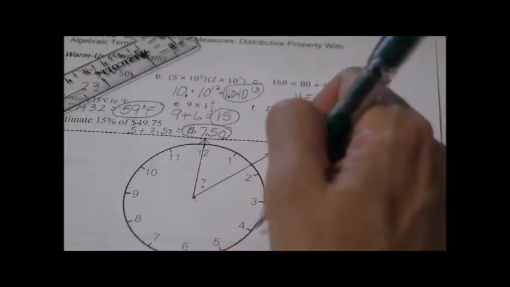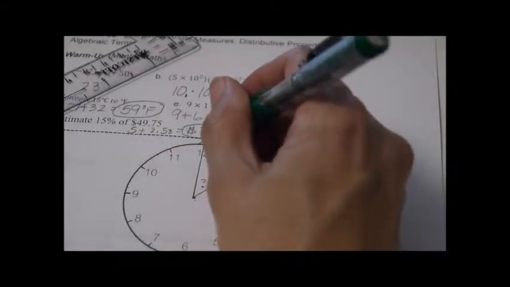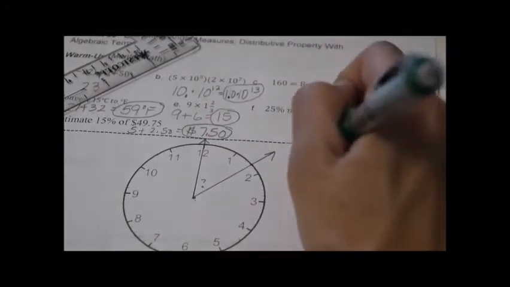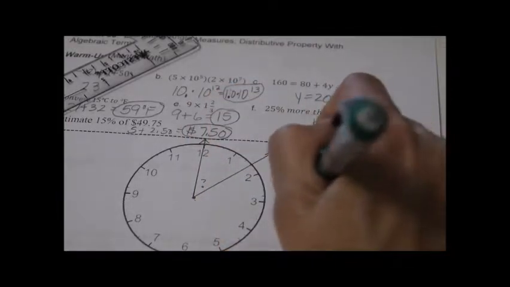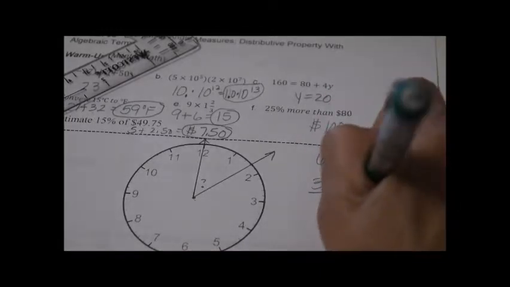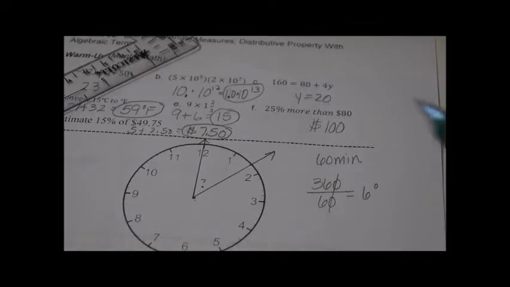Well, how many minutes in this hour? 60 minutes, right? So each minute is how many degrees? Well, let's do 360 divided by 60 minutes, and that tells us that each minute is 6 degrees, right?